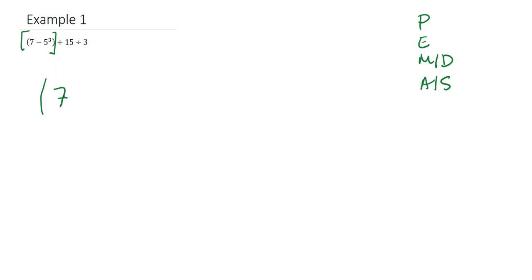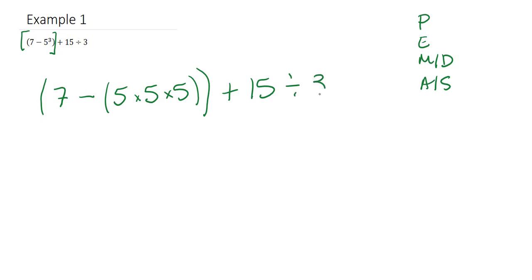So let's go 7 minus 5 times 5 times 5, and we'll just write everything else. 5 times 5 is 25, times another 5 is 125. So we have 7 minus 125.